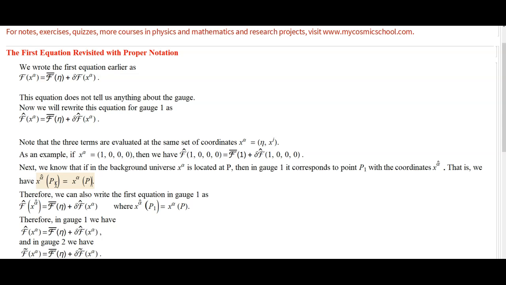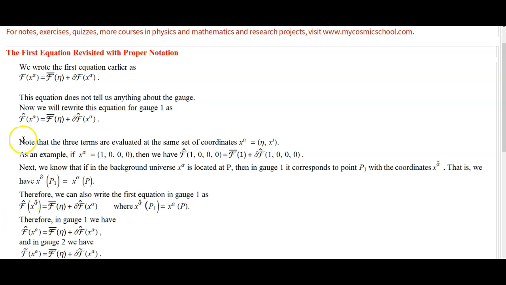Their location is still different in the four-dimensional space-time, and that different location takes care of this equality. Because if P and P1 are at the same location, then in two different coordinate systems, they cannot have the same set of coordinates.